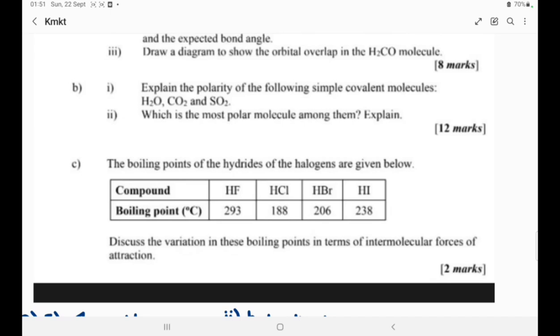in the condition of going down the group. So we know the atom when going down the group becomes bigger.